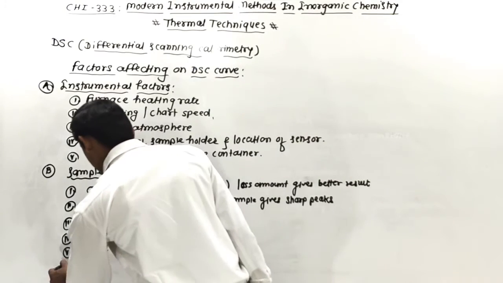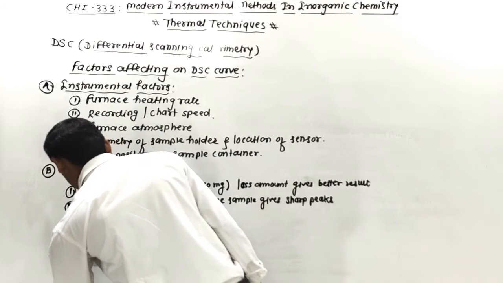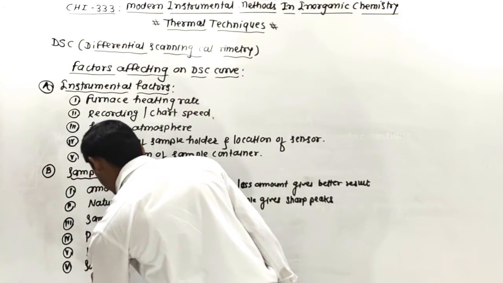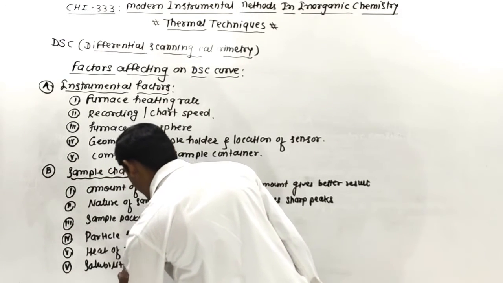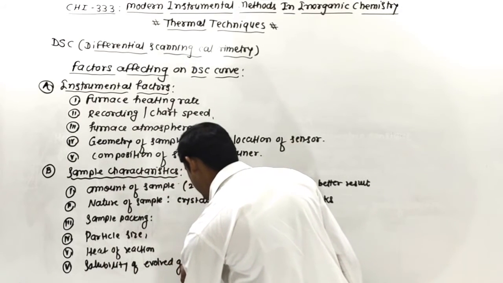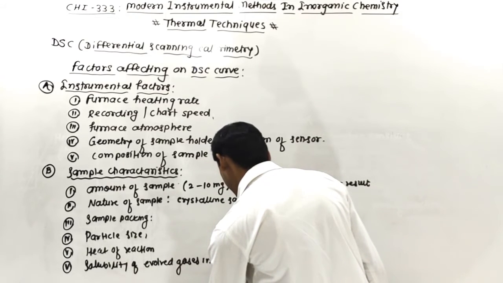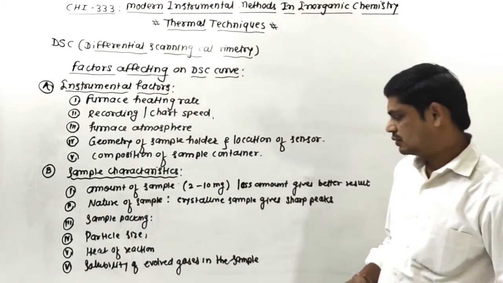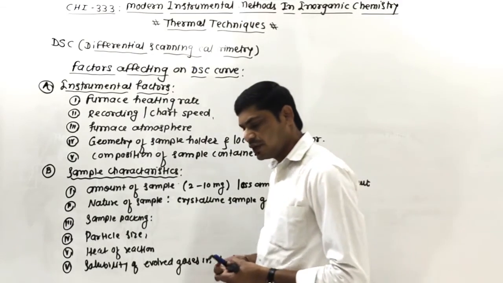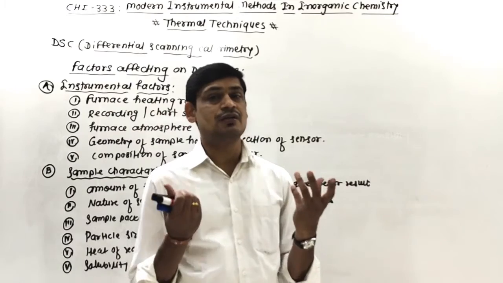And the last factor is the solubility of evolved gases in the sample. We know that when some chemical changes take place in the sample, certain gases are evolved.